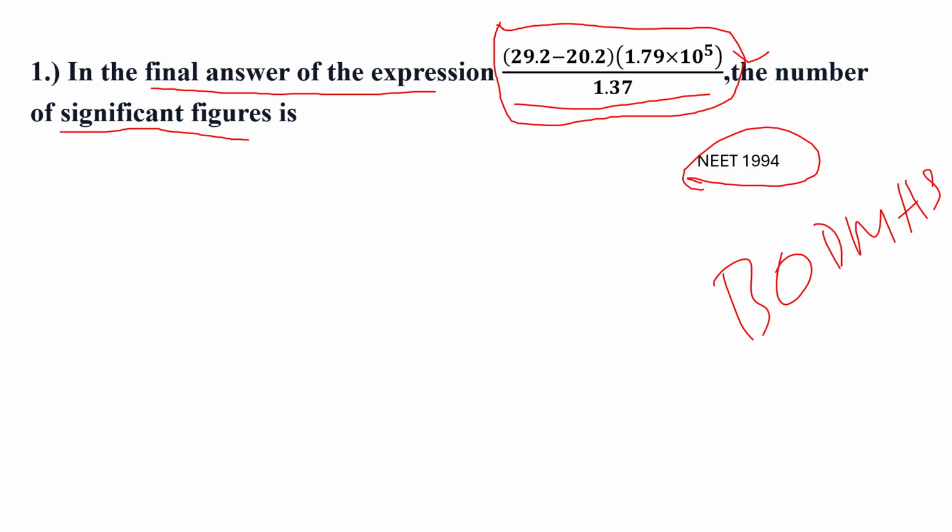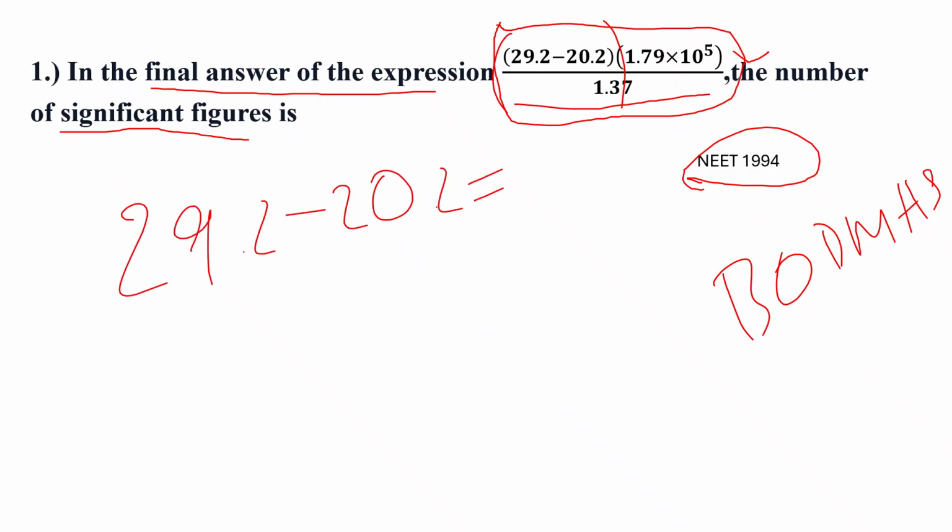Why is it not needed? There are two brackets. The first one is 22.92 minus 20.2. The second one is 1.79 multiplied by 10 to the power 5. So the first thing we need to do is subtract 22.92 minus 20.2, and the value obtained is multiplied by 1.79 multiplied by 10 to the power 5.